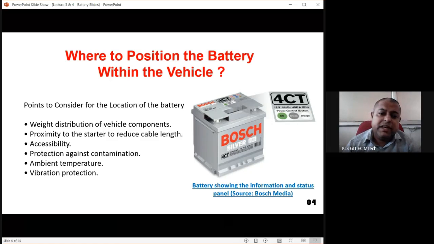Next, proximity to the starter to reduce the cable length. There is a motor which is started initially by the battery, and before that we have to start a starter. All those starting systems and charging systems we will be seeing in this chapter itself. The battery should be close to the starter, because then the length of the wire is less.